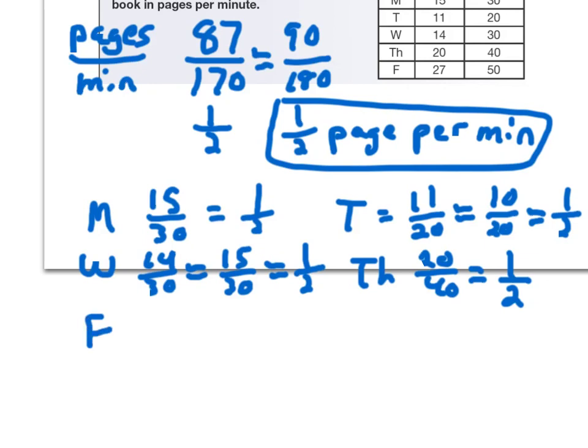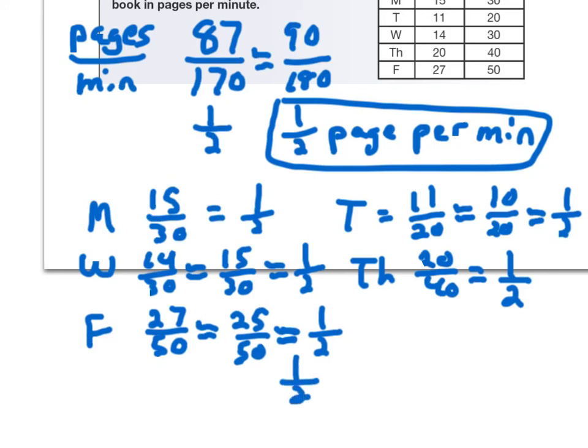And if we go Friday, 27 in 50 minutes is pretty close to 25 out of 50, which is also a half. So each one of the days gave us close. We're approximating about a half again. So either way, it's still about a half page per minute.